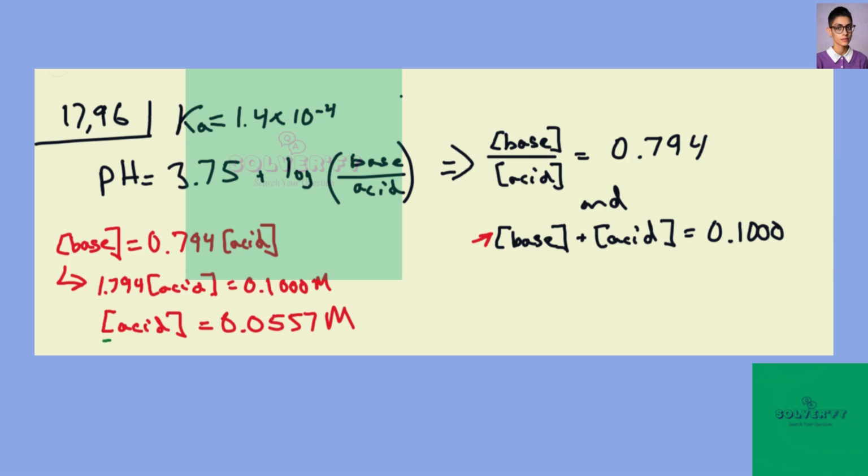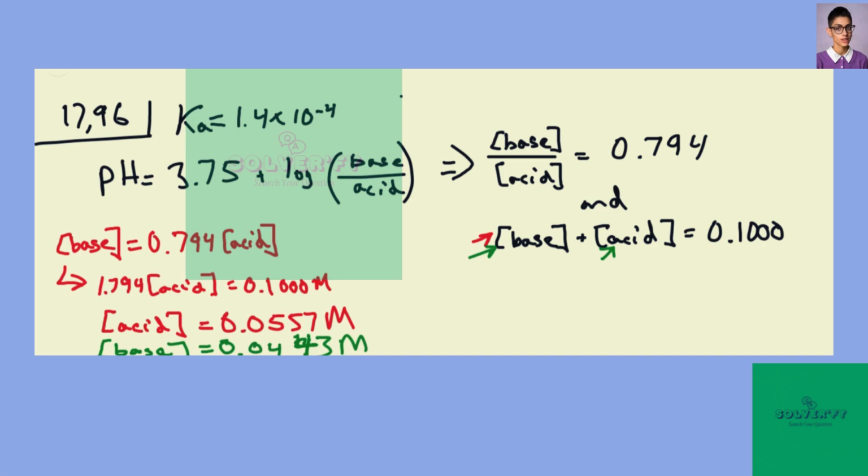And if we simply subtract this value from 0.1, we plug in our value here and solve for the base, we get 0.0443 molar. So that's our concentration of the lactic acid and lactate in this solution.